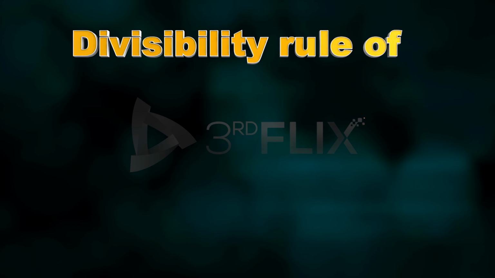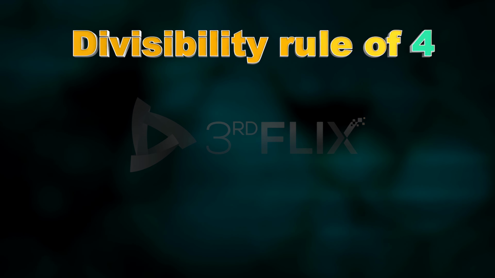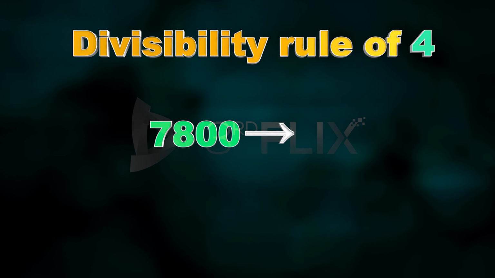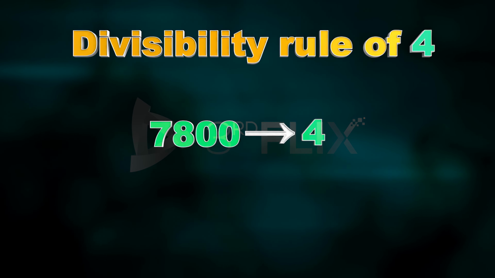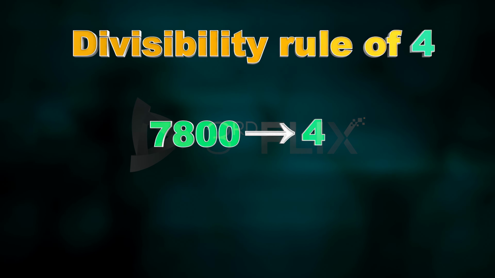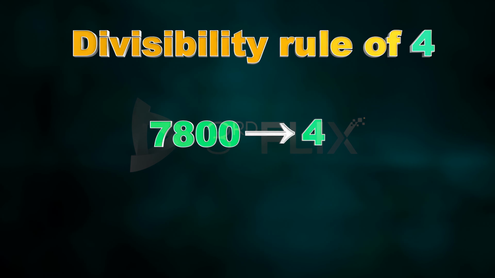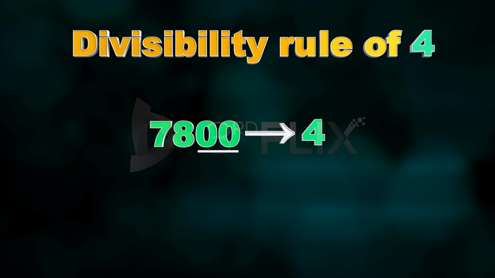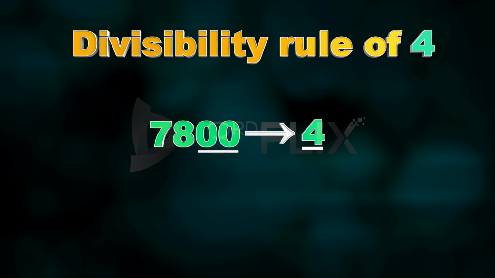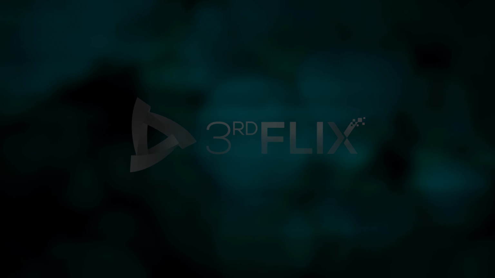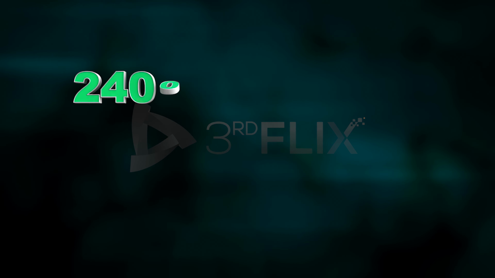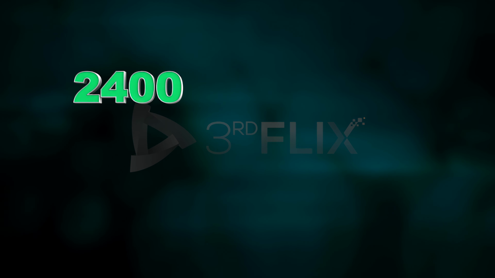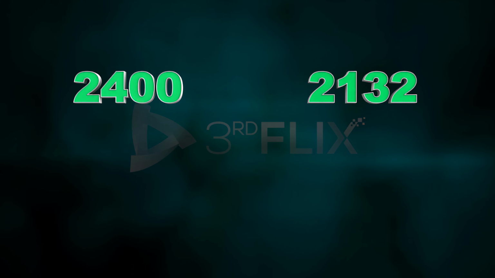Divisibility Rule of 4. A number is divisible by 4 if the last two digits are both 0 or the number formed by the last two digits is divisible by 4. Example, 2400 and 2132.